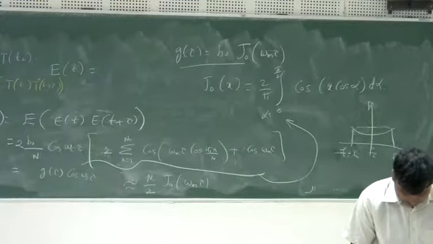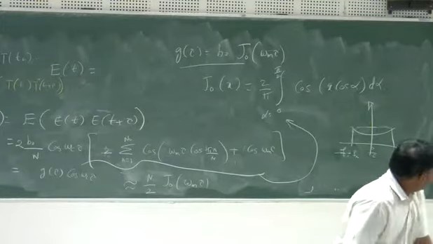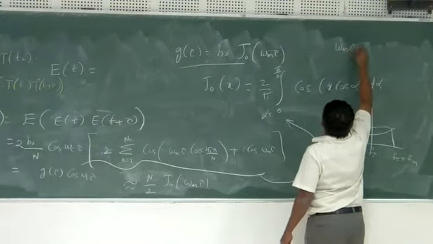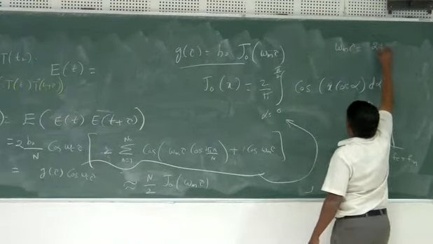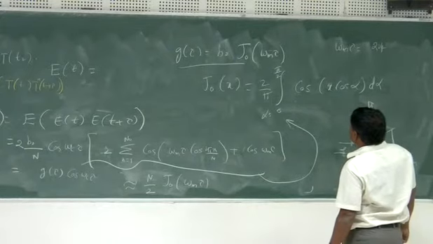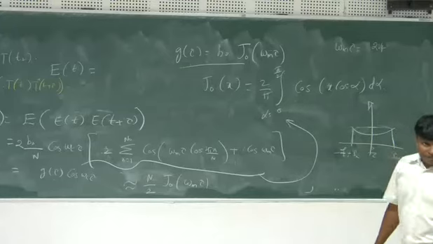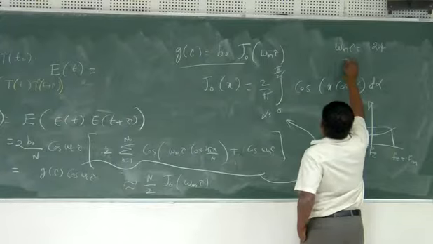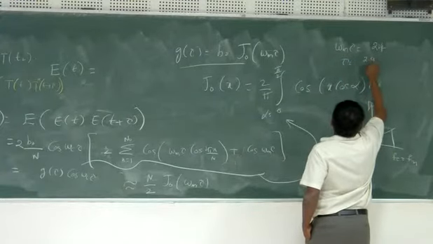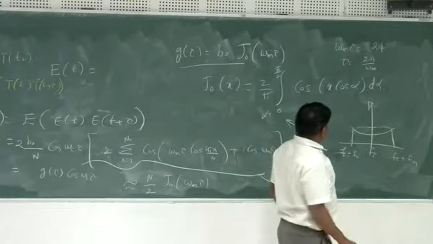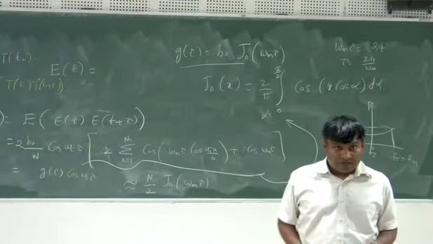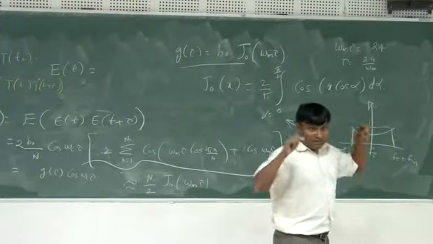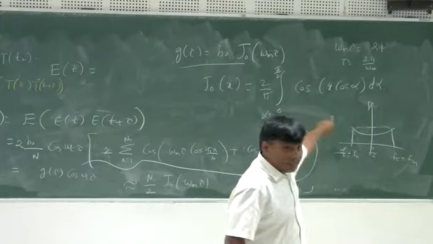That means if you want a 0 correlation, omega tau is 2.4, so you have to choose tau equal to 2.4 by omega m. You can't choose tau equal to 0.4 by omega m, but this is when the samples become statistically independent. If you want to design a slot, then it has to be much less than that.